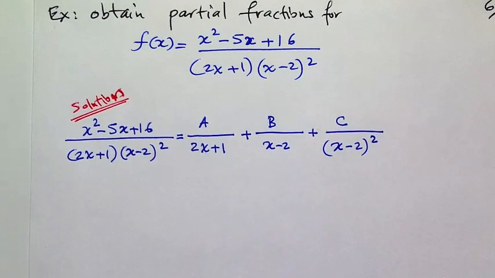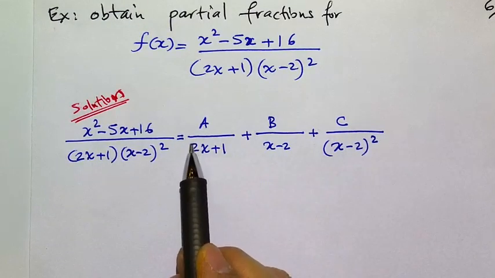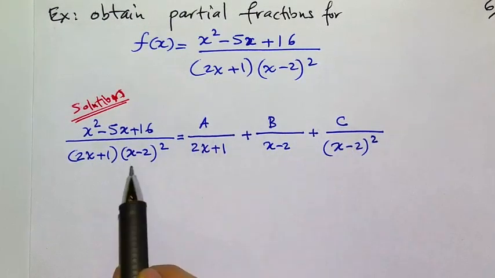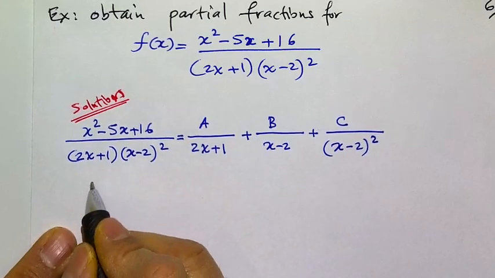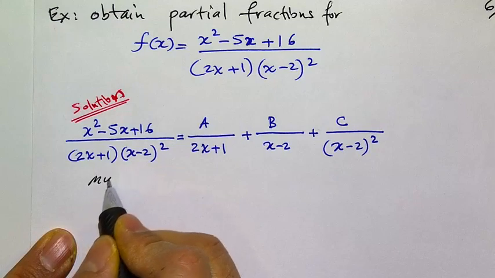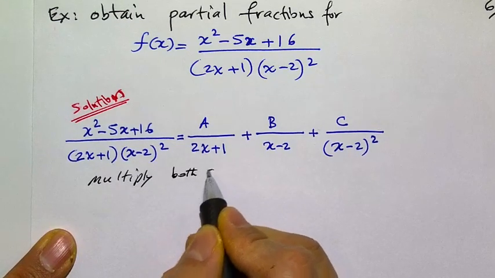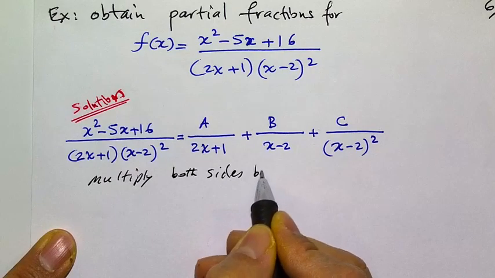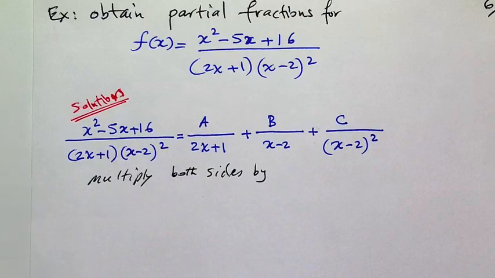So now the task is, once we break this up into the preliminary partial fractions, to clear all these fractions. So multiply both sides by this whole denominator, right?